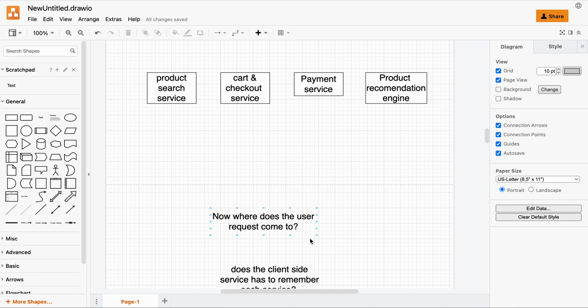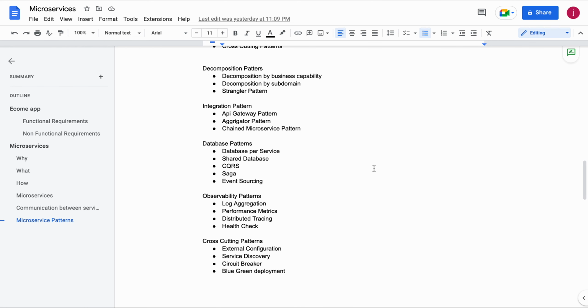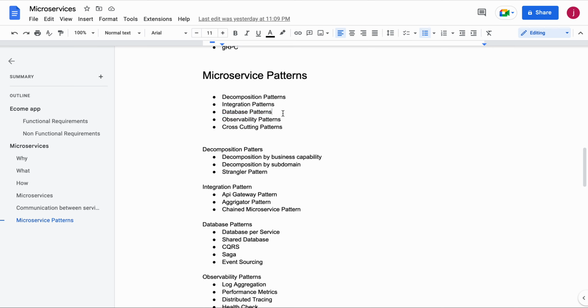There are multiple questions like this. Depending on your use case, there are multiple ways to deal with this. The patterns to solve our database-related use cases are the database patterns.